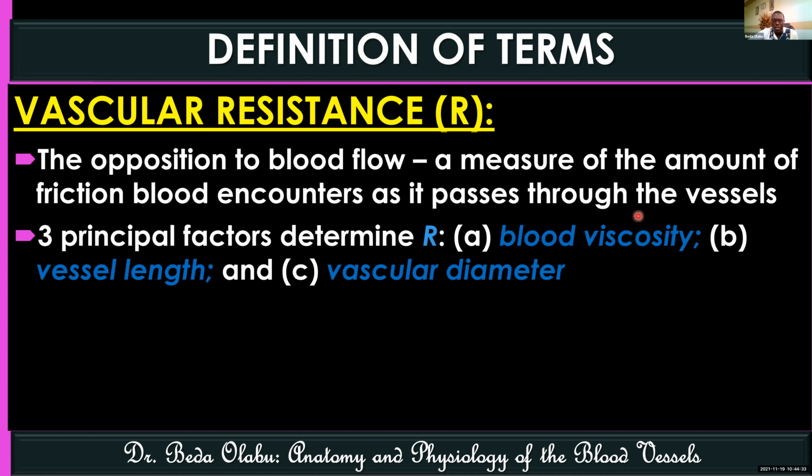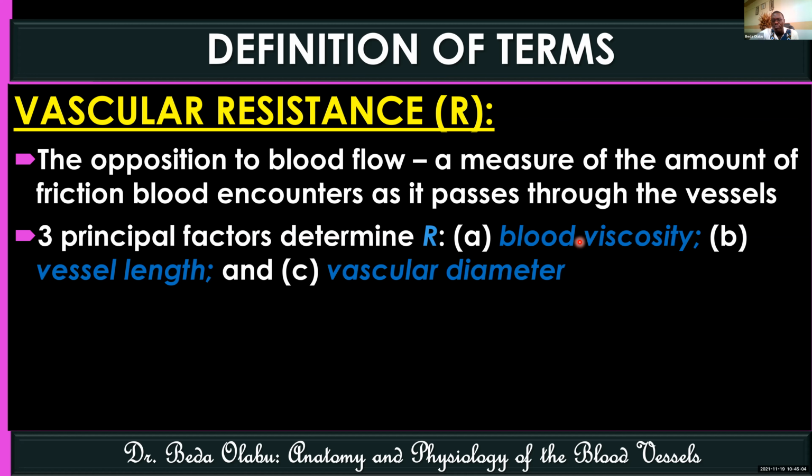Or let me put it this way. If the blood is very thick, then the blood flow will be low, because blood flow is inversely proportional to resistance. So if the blood is viscous, it means that the resistance is high, and so blood flow will be low in that case. What will make blood thick?